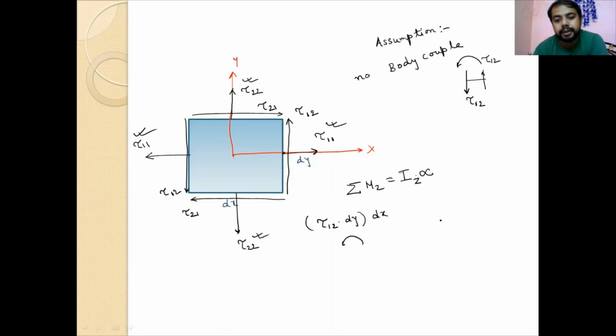In the same way, tau 2 1 is causing a clockwise moment. And I z is mass into (x square plus y square), where the mass is rho times the area times the volume element.